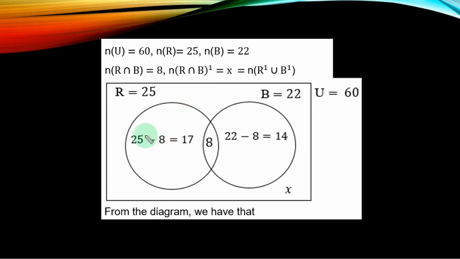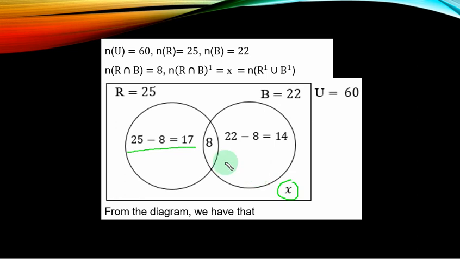I have already explained this. To get only rice, you subtract 8 from 25, you have 17. To get only beans, you subtract 8 from 22, you get 14. And this is S. So S is outside the subsets. S is not involved.